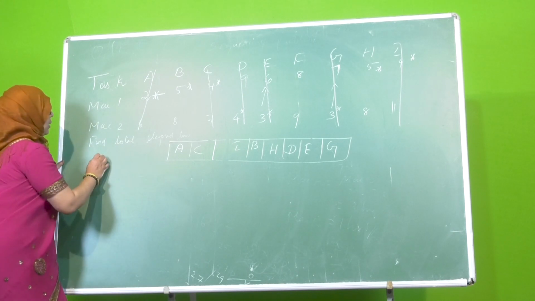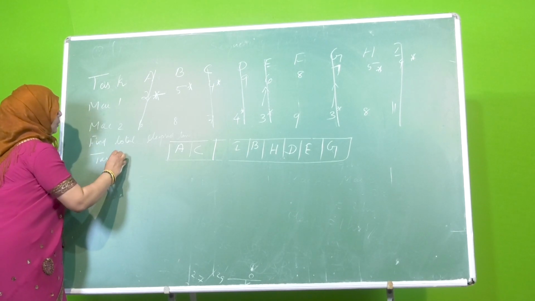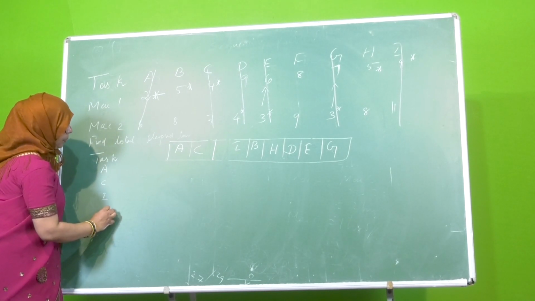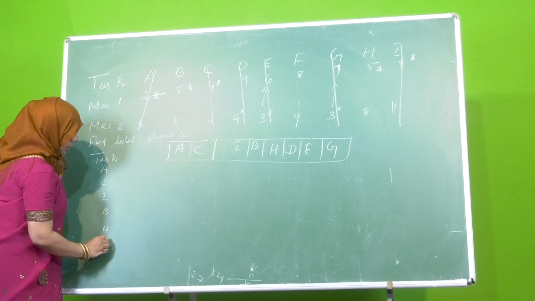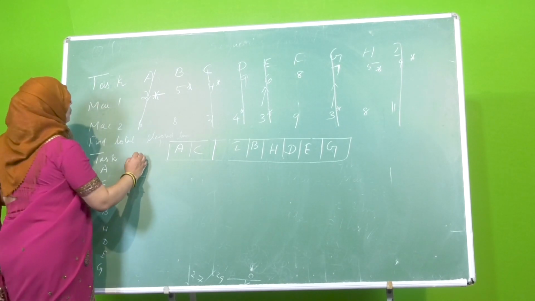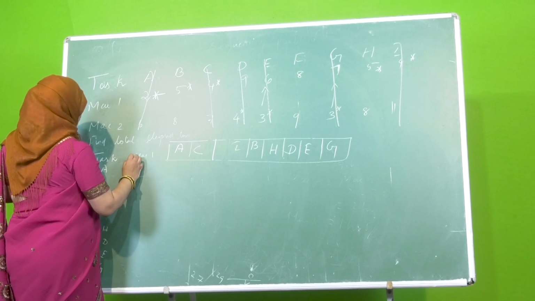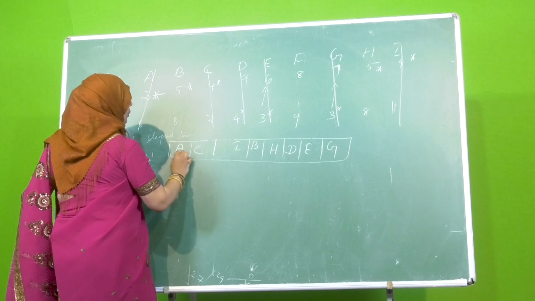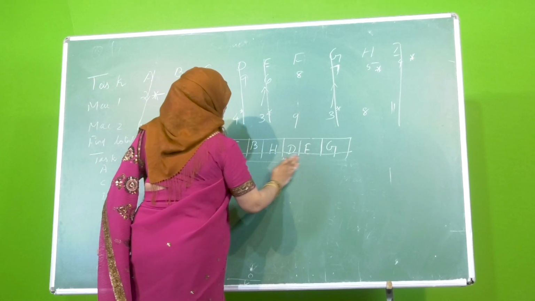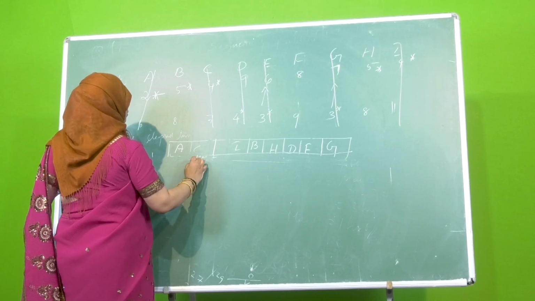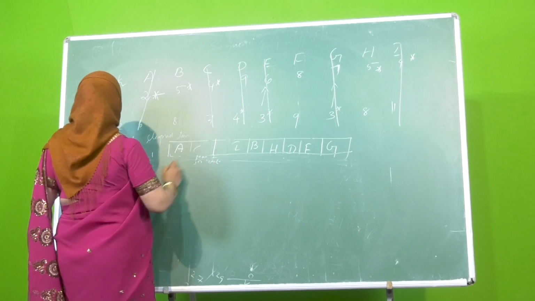So write the tasks A, C, I, B, H, D, E, G. Machine 1 in out. Machine 2 in out.